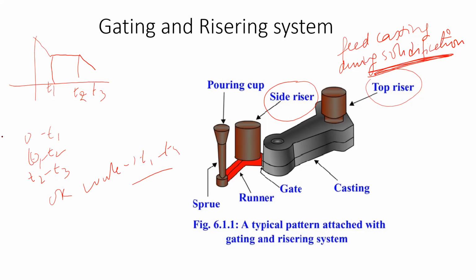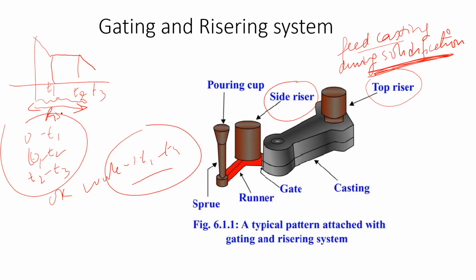Can anybody tell me in which stages we are using riser? Otherwise I will give you the answer. It is used to feed the casting during solidification, so it will be used in the first and second stage.